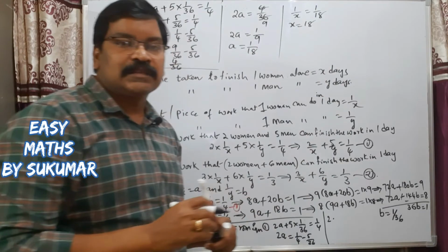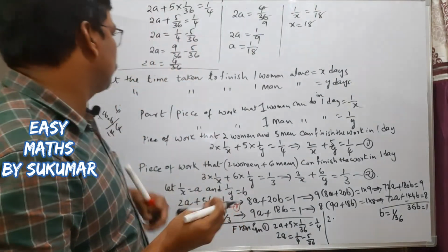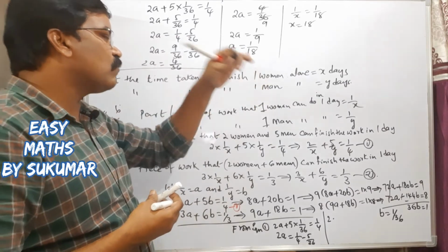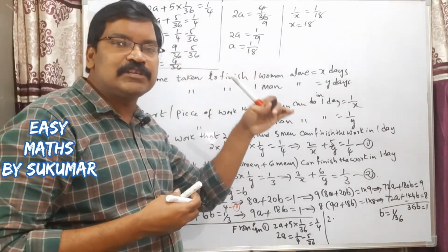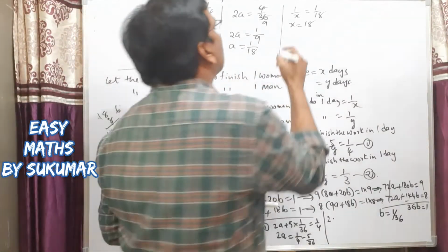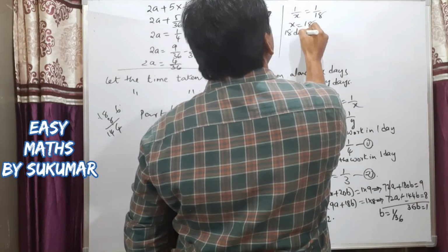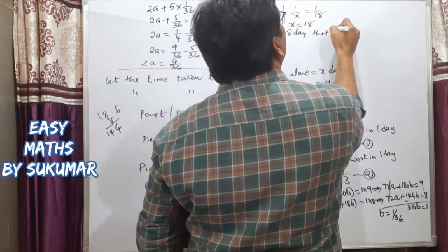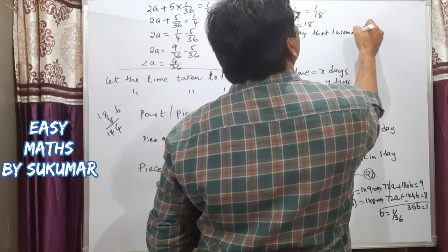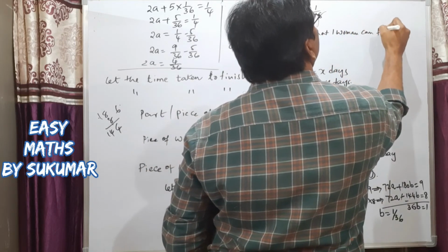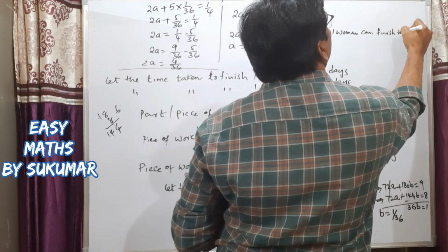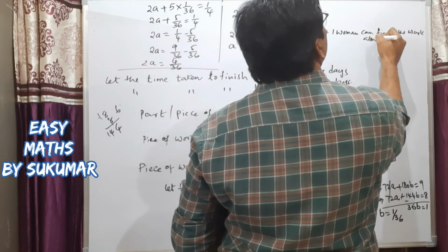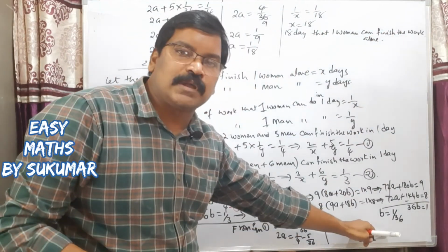That means how many days can one woman alone finish the work? 18 days. That means in 18 days one woman can finish the work alone. Similarly, b is equal to 1 by 36.